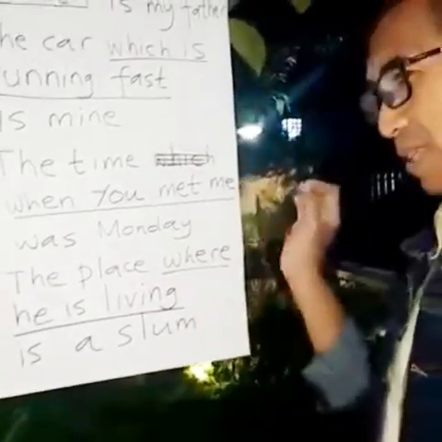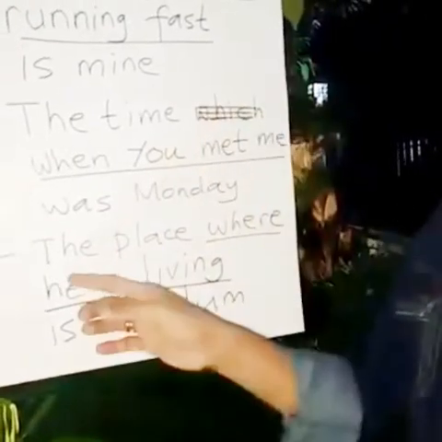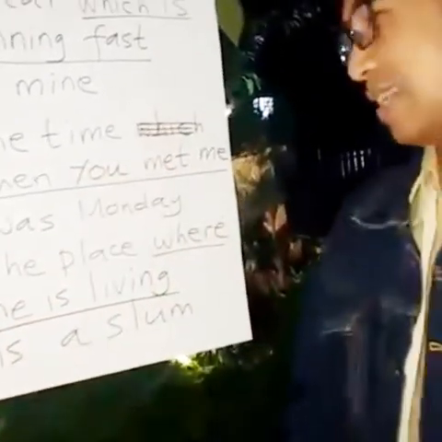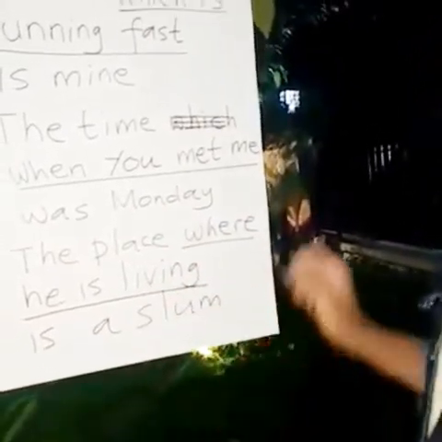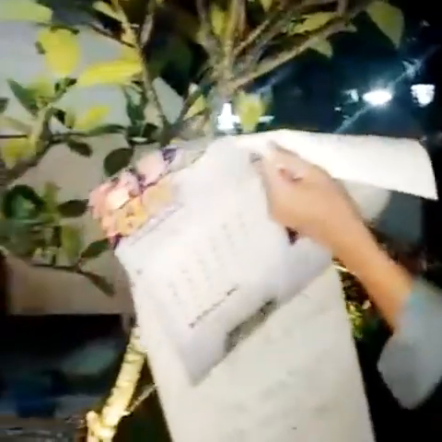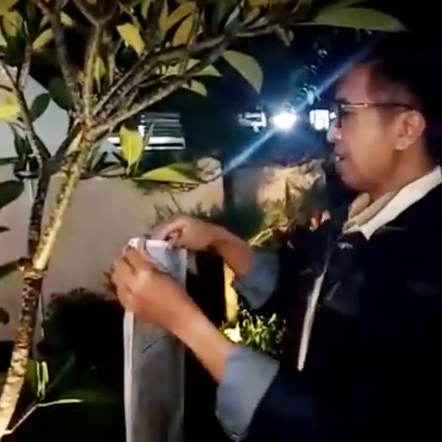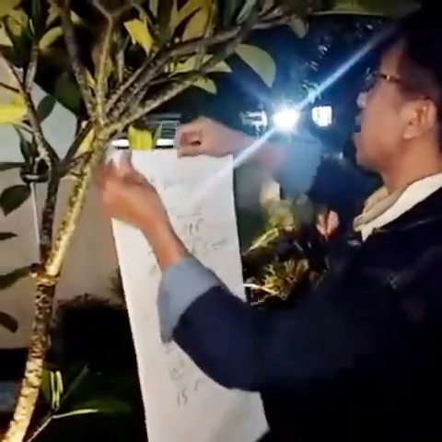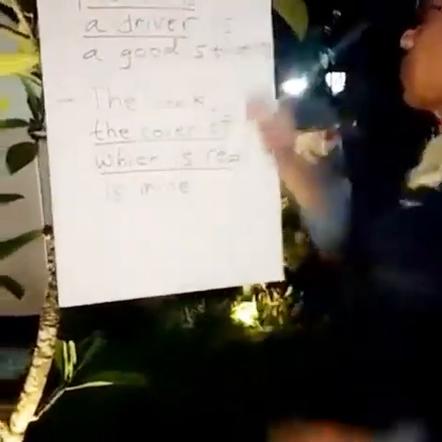So we replace the place with where. So the adjective clause, the complex sentence here, is the place where he is living is a slum. Okay, hopefully all of you really understand whatever I have just explained. And now let's go to the next example of adjective clause.